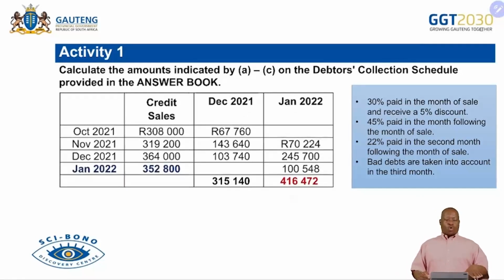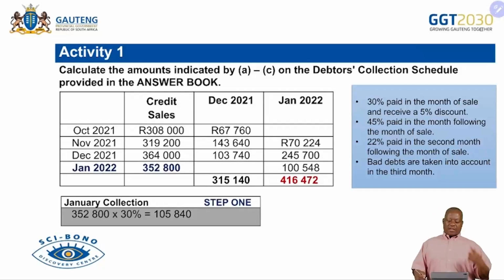Straightforward. And then let's finish it off. We want now to collect in January, for January. Remember, that's the first collection. That's our 30% that we are collecting, right? But remember, this first collection always comes with a 5% discount. So we calculate 352,800 times 30%, and we got 105,840.